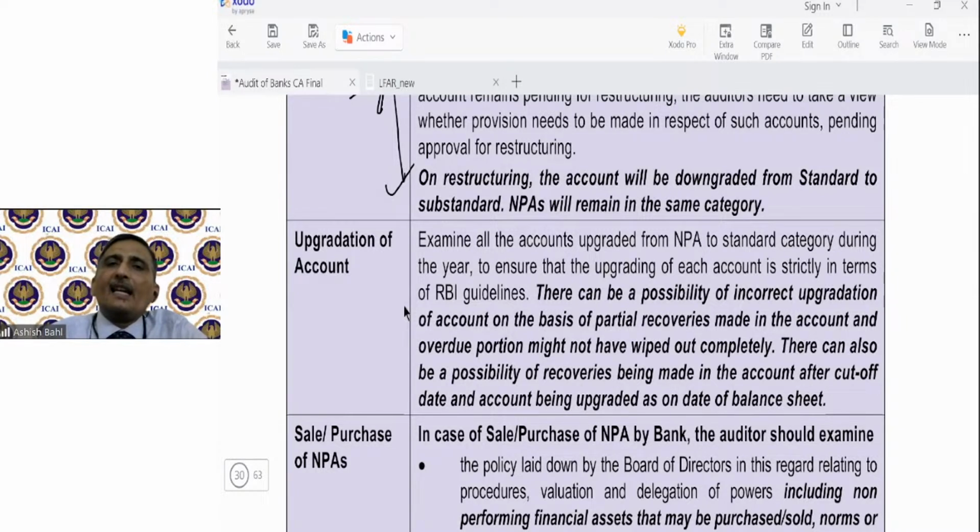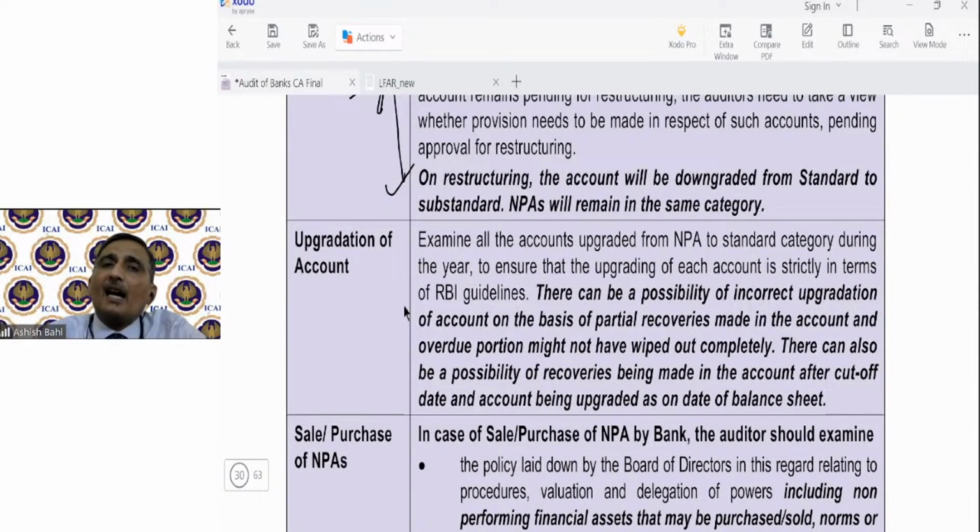And now suddenly the party has got some funds, and the borrower somehow manages to clear his overdues. The amount of overdues is cleared. Then the account can be upgraded. Earlier it was classified as substandard, but now it can be upgraded to a standard asset. Why?